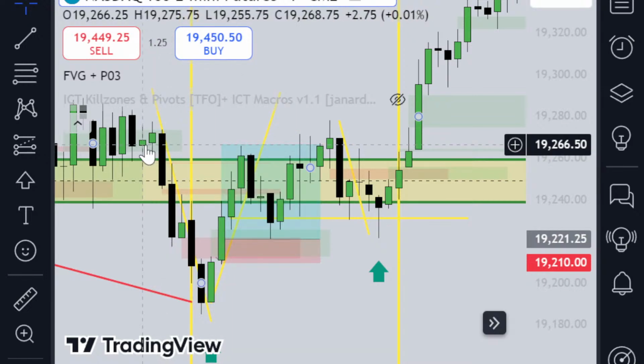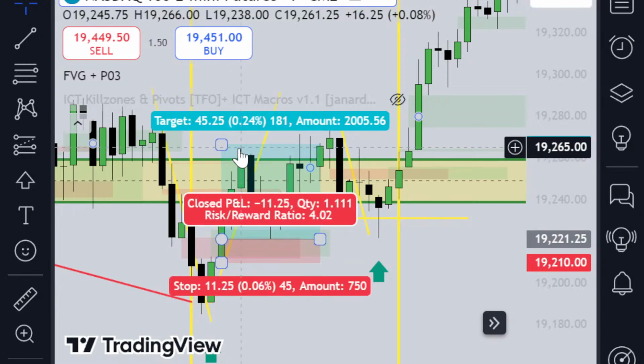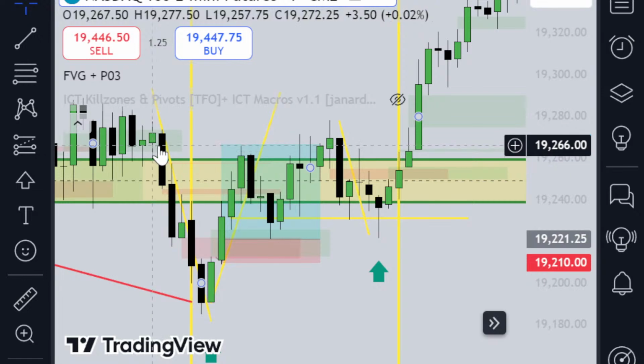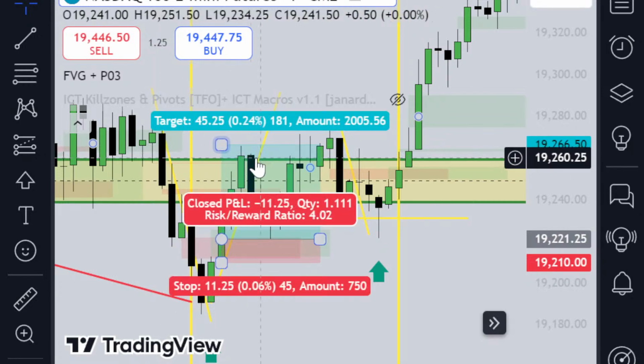And I saw this as an order block. I'm thinking, damn, we're closing above this, boom, closing above this. We got here, and swiftly I saw rejection. I just exit right here.